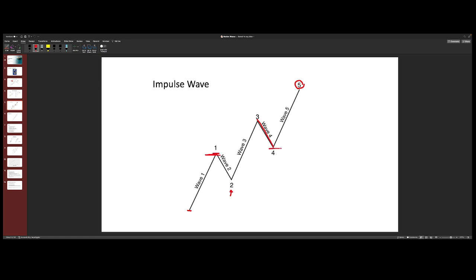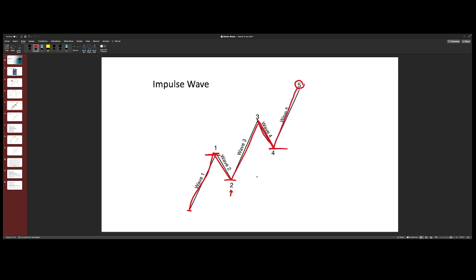With those 2 simple rules, it creates a stair step pattern, like stairs. You go up, down. You never go below one. Up, down. You never go below this one. And then you continue on to the 5-wave movement.